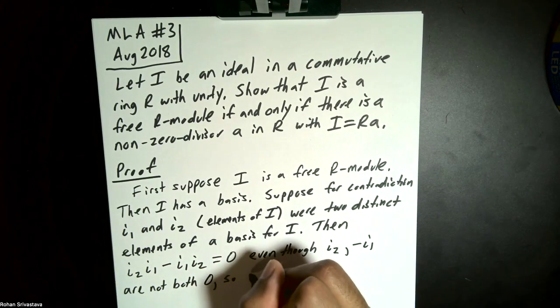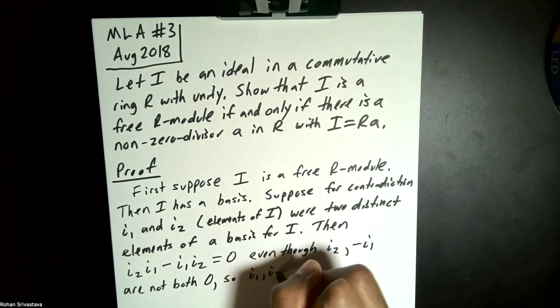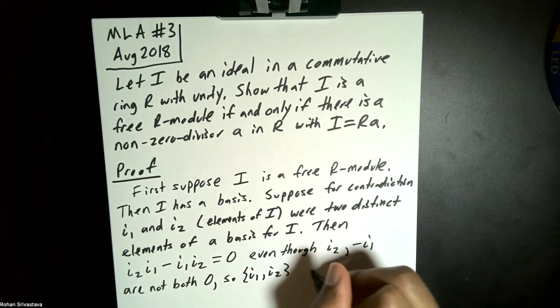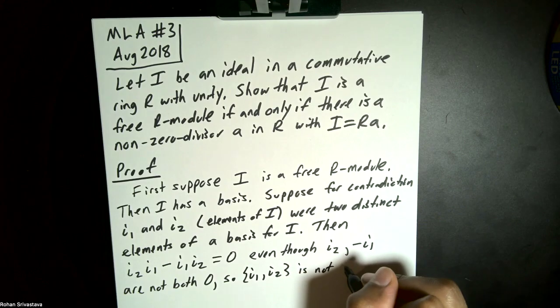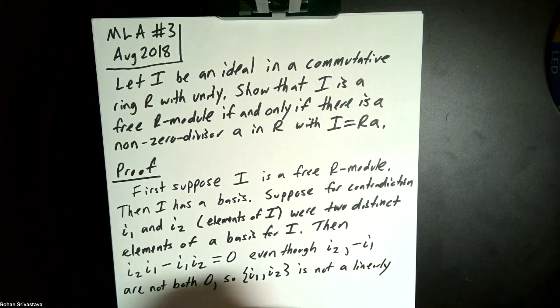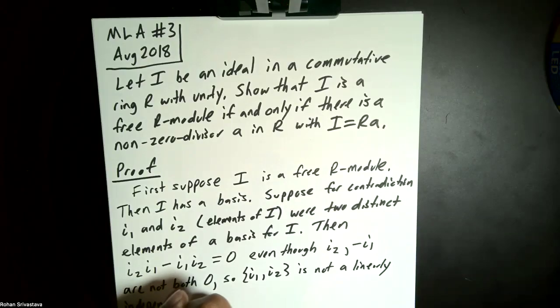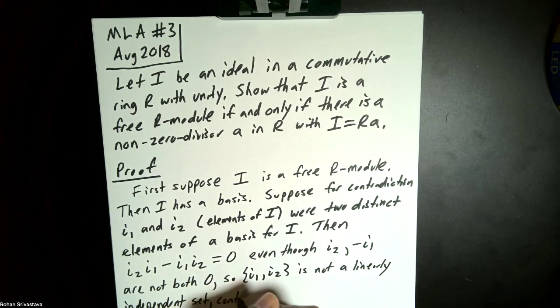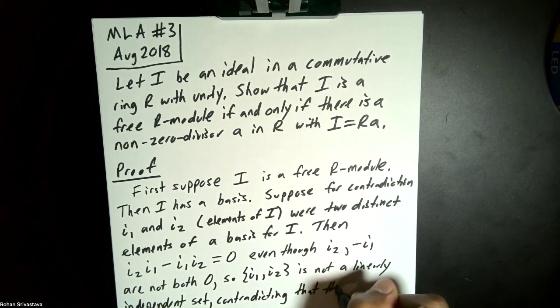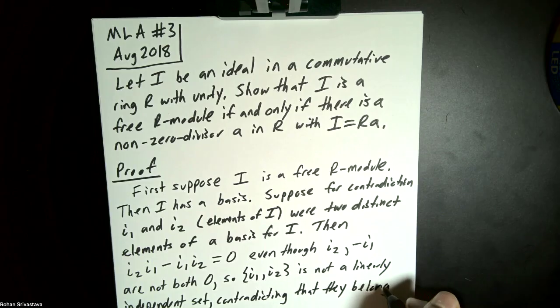So this means that I1 and I2 is not a linearly independent set, contradicting that they belong to a basis for I.